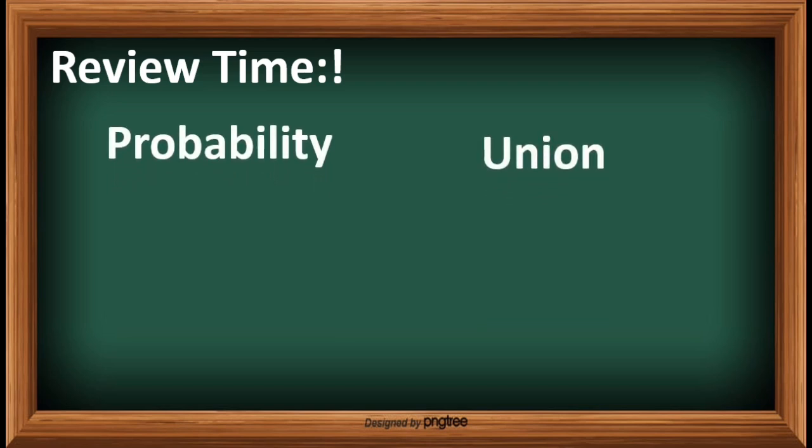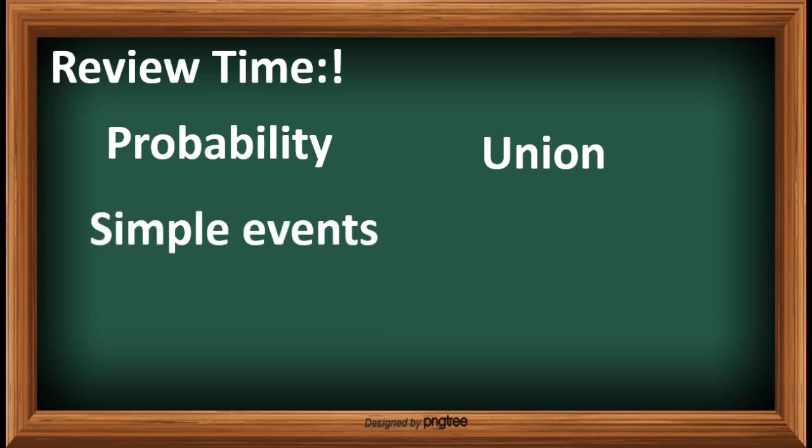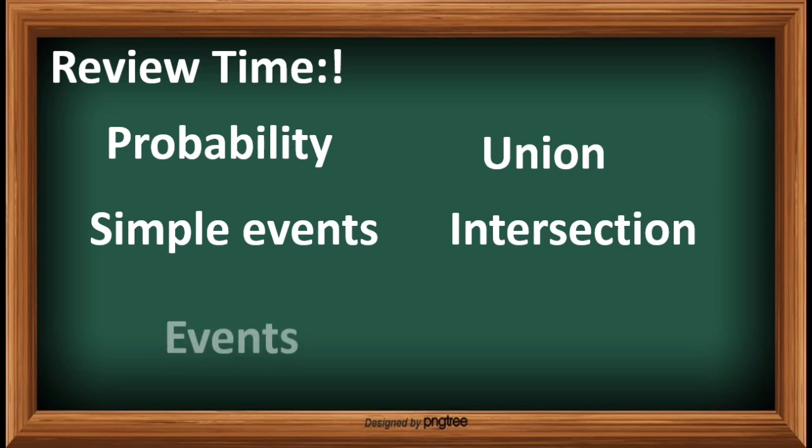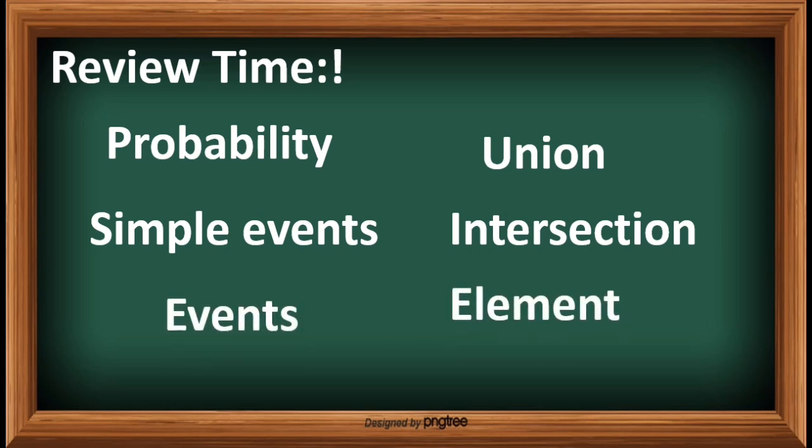Number 2, union. Number 3, simple events. Number 4, intersection. Number 5, events. And number 6, elements. Those are the words that we will probably use later on in answering the different questions that I've prepared.